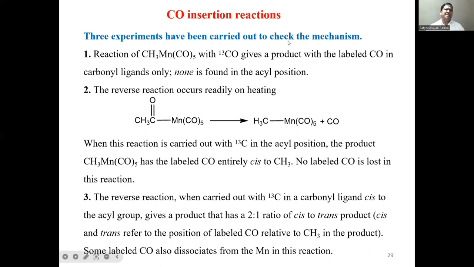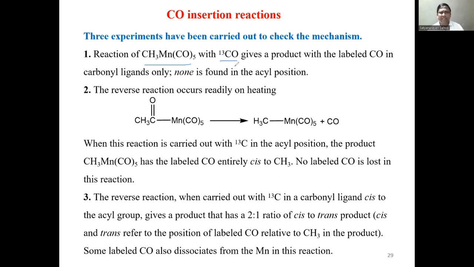Now let's see which mechanism is the actual one. So three experiments have been carried out to check the exact mechanism. We have to do all these by labeling experiments. First experiment: the reaction of the starting material with carbon monoxide labeled with 13C.